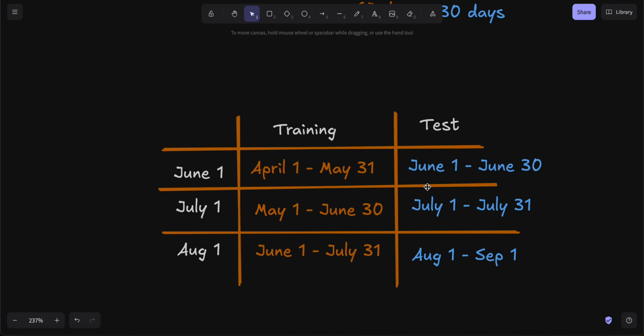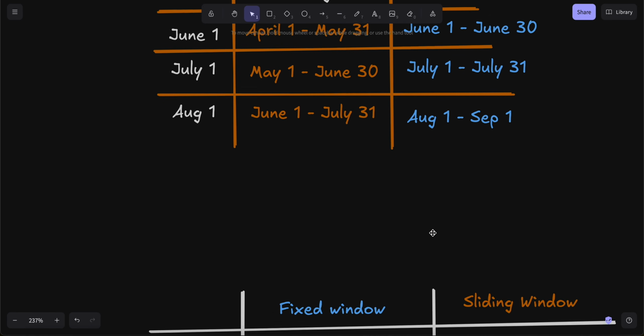And for the July 1 to July 30th test, it's the entirety of May and the entirety of June. And when we reach August 1st, then for August 1st to September 1st, when we trade, the entire training data for the model is between June 1st and July 31st. And that'll keep on rolling over every single time. So the sliding window is also called the rolling period training model as well.